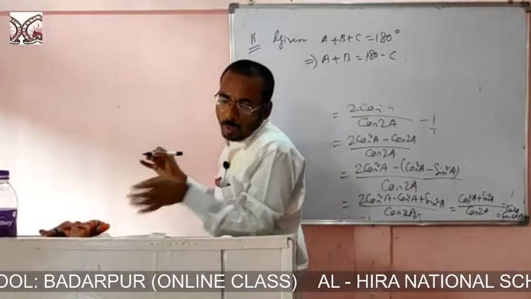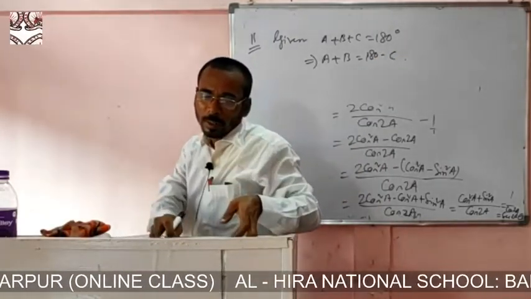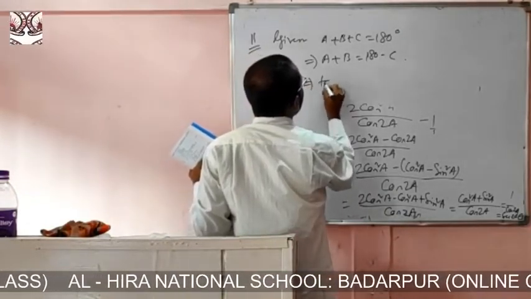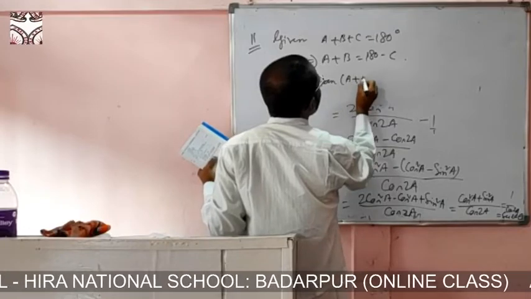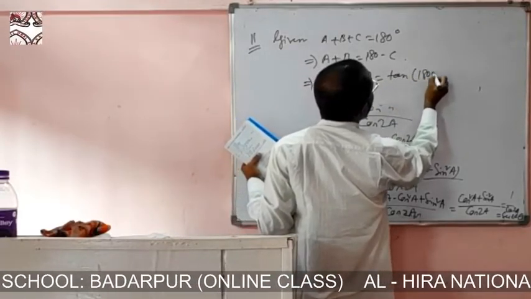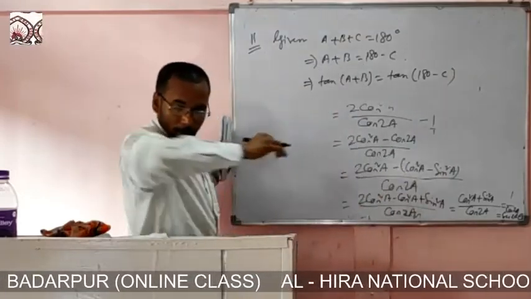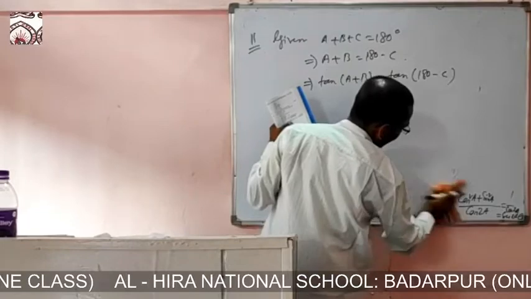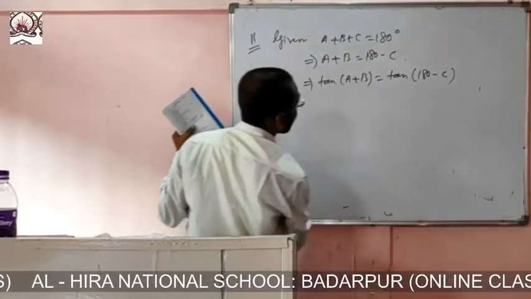It's very simple. Now putting the formulas, tan of a plus b, then from this one tan a plus b will be tan 180 minus c. So tan a plus b will be tan 180 minus c. This is the tan a plus b formula.